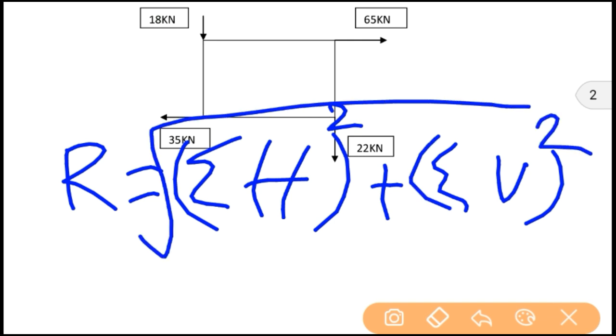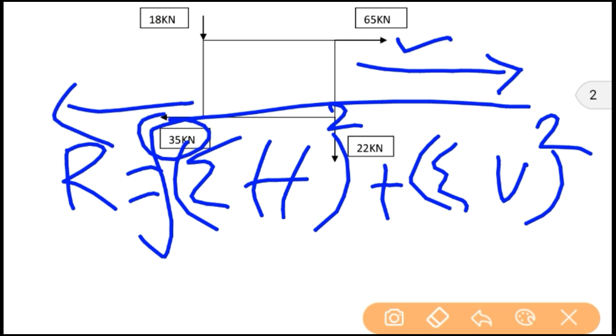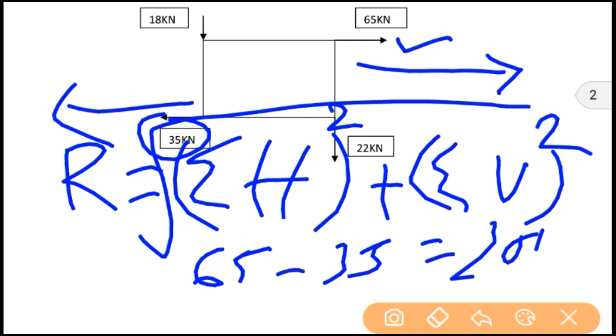Here the horizontal forces are 65 kilonewton on the right side and 35 kilonewton on the left side. In total that is 65 minus 35, which equals 30 kilonewton as the horizontal force.